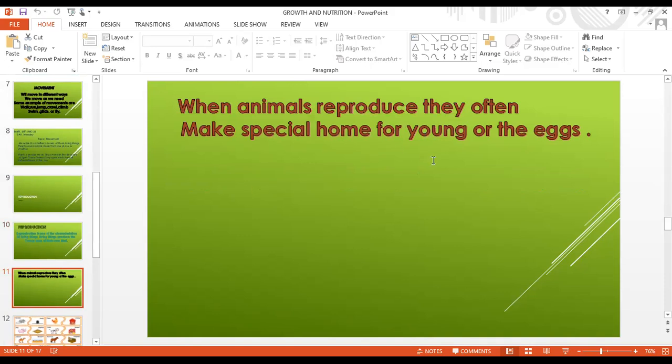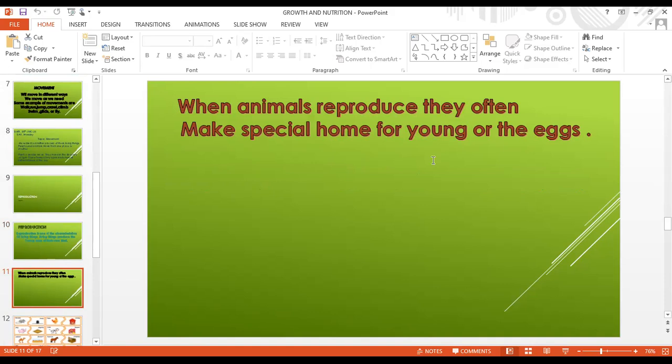Now this chapter in your book, page number 31, talks about how living things reproduce. Living things reproduce so that new animals and plants can grow, they will have their babies, and the process of reproduction may continue.